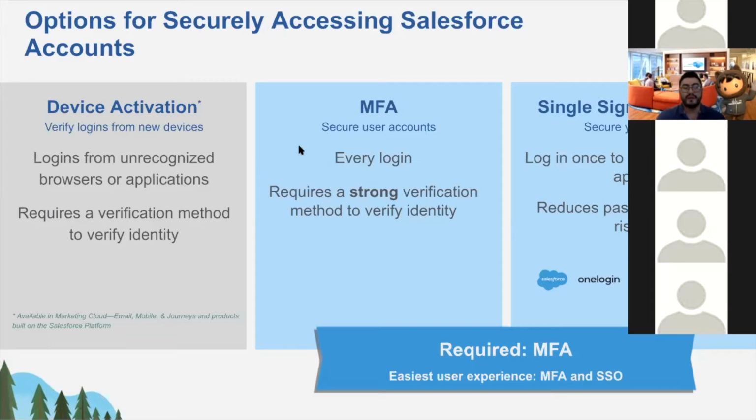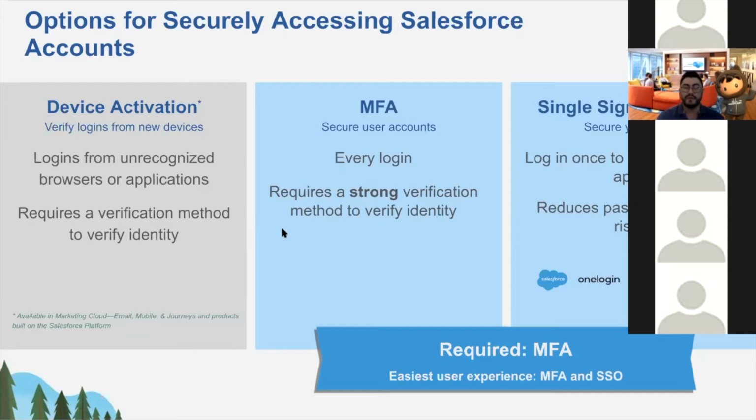With MFA, you are required to provide the second factor authentication every time you log in, and it requires a strong verification method to verify your identity. Whereas for device activation, you can use email or SMS text messages.